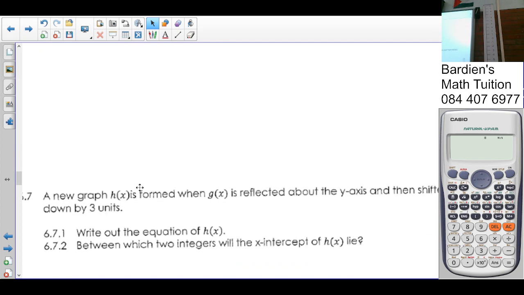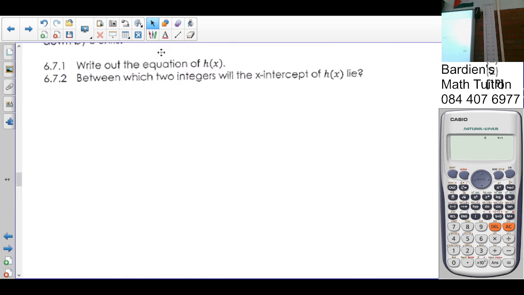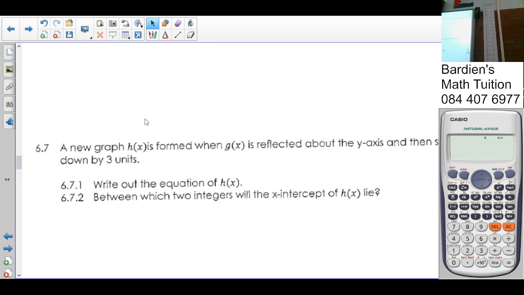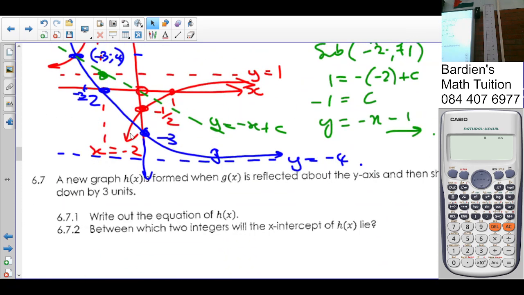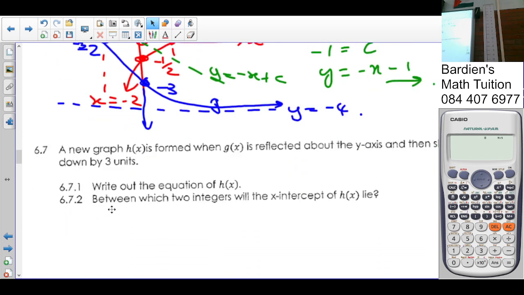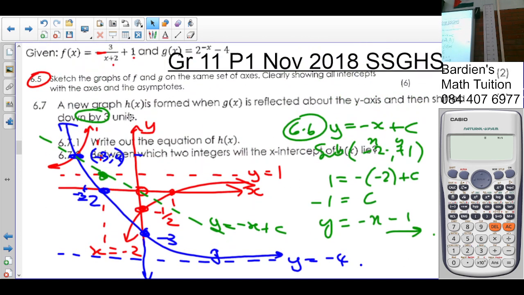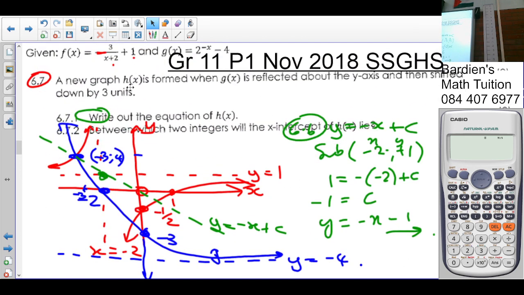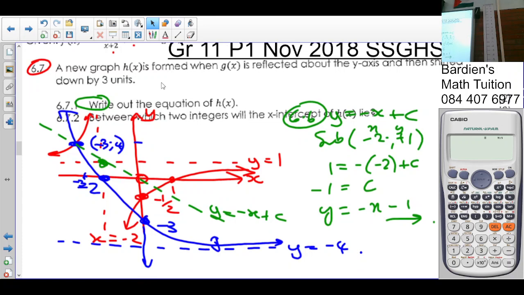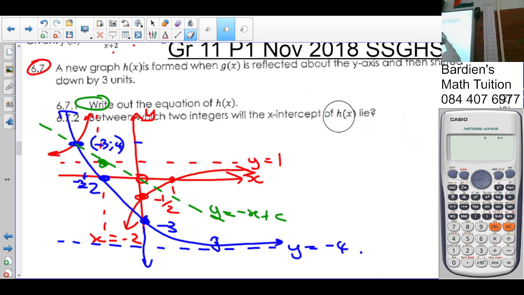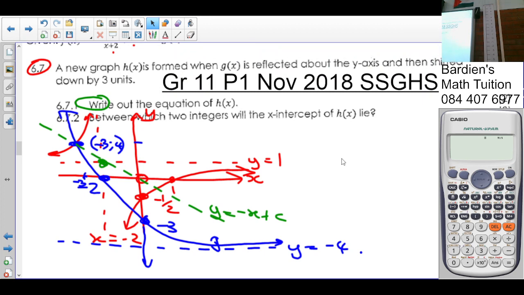6.7. So what I'm going to do is take this off here and pull this down a bit.